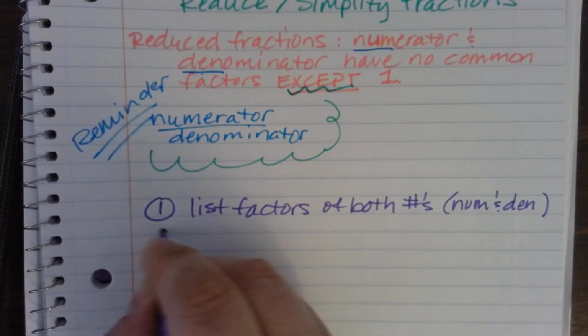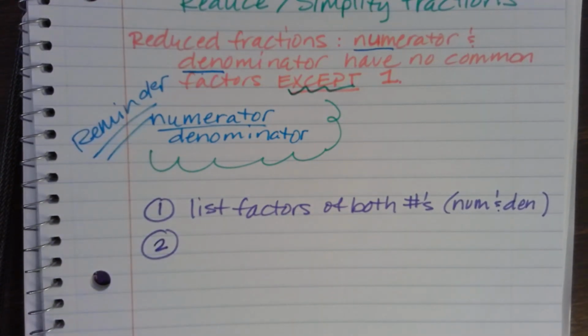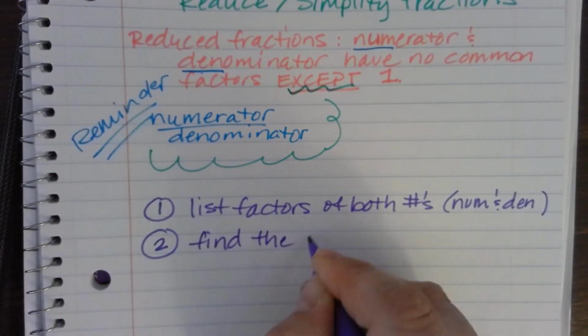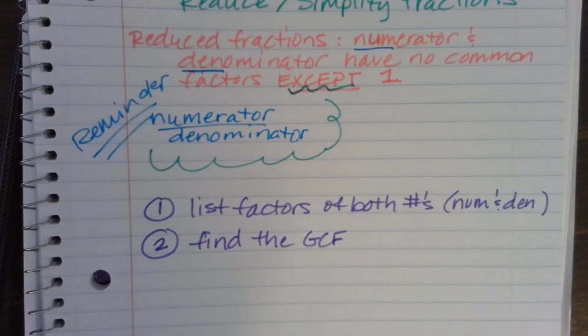All right. Step 2 is after I have factors listed for both numbers, I'm going to find the GCF. What is the GCF? Greatest common factor. So again, I'm listing the factors for both numbers, and then I'm going to find the greatest common factor, right?